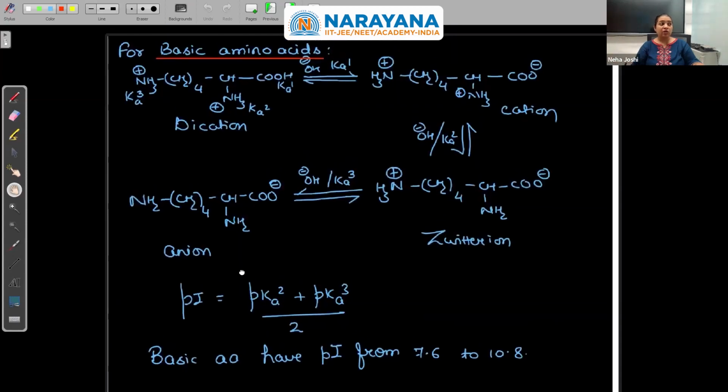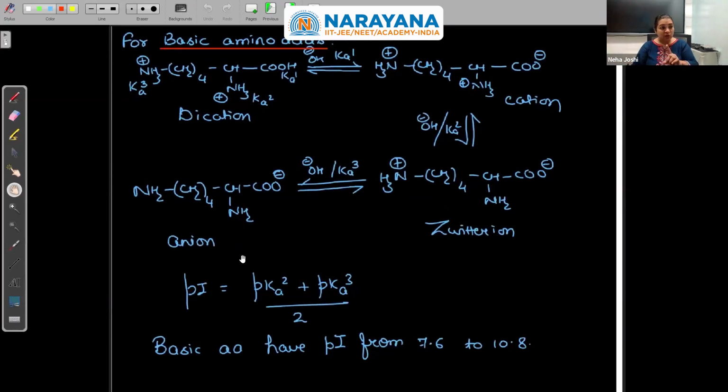Let us see what for basic amino acids. For a basic amino acid, I should have more number of NH2 over COOH. See, 1 COOH, 2 NH2 groups. As I said, start with the fully protonated structure. Wherever there is possibility, give. So 2 NH3 plus, because it is a basic amino acid.